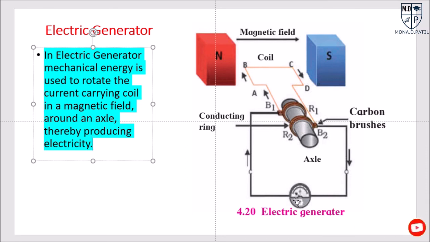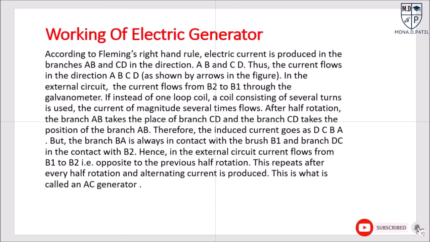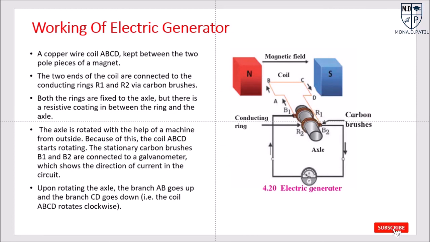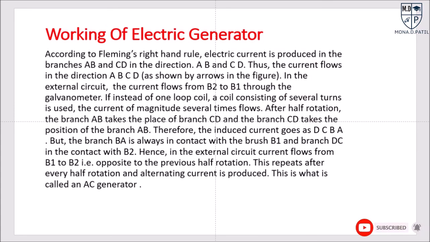Okay, and when working, according to the Fleming right hand rule, electric current is produced in the branches AB and CD in the direction A to B and C to D. Thus the flow of current in the direction A, B, C, D will be seen.